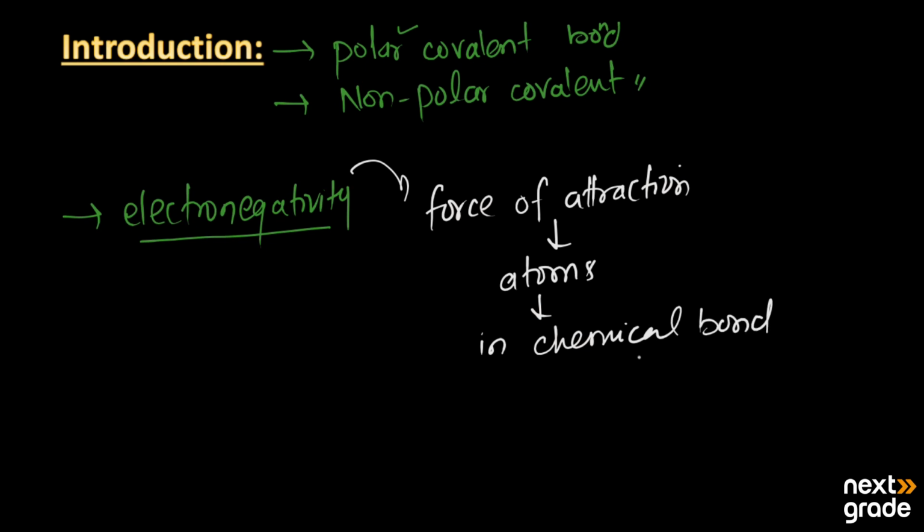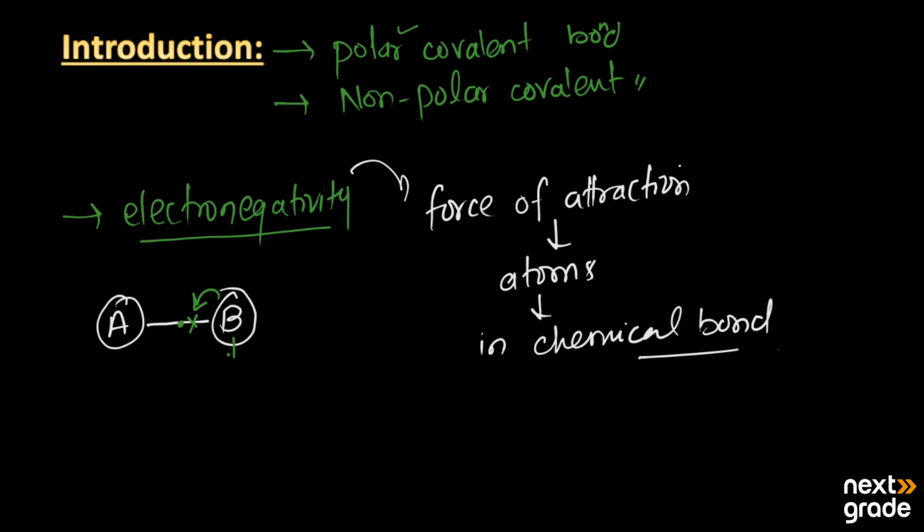In simple words, when there is a formation of a covalent bond between atoms, for example, here we have atom A and here the other atom B. The bond is formed between these two atoms by the sharing of electrons, and B can attract this shared electron pair towards itself more tightly.